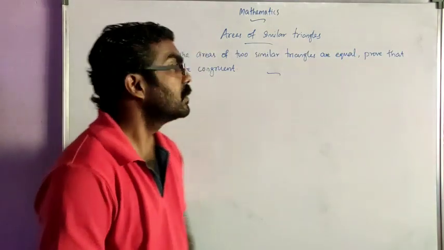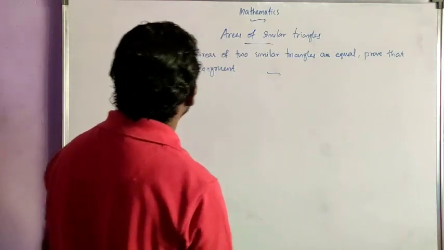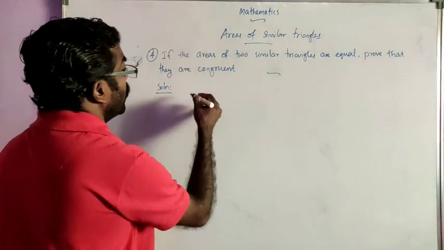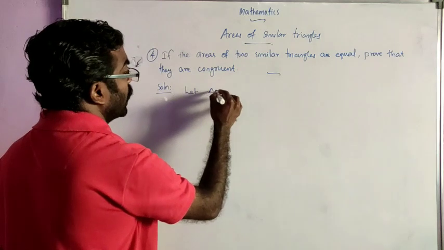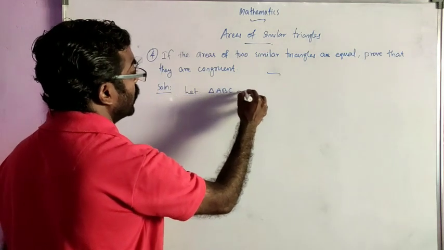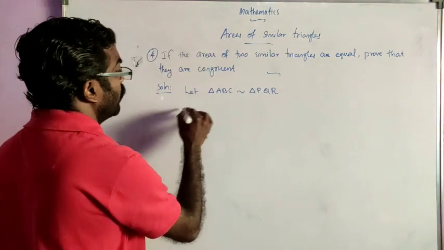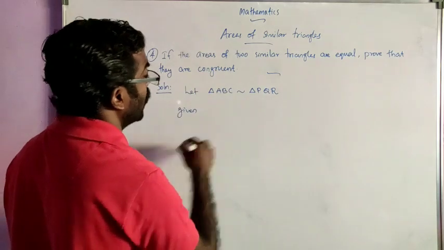Here the next question is, if the areas of two similar triangles are equal, prove that they are congruent. Okay, it's a simple proof. Let us take the triangles as ABC and PQR. Let triangle ABC be similar to triangle PQR, and it is given that the areas of these two triangles are equal.